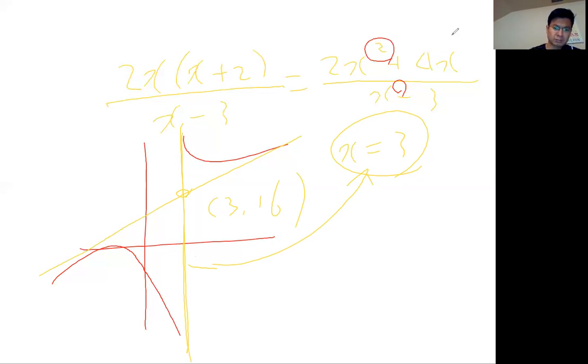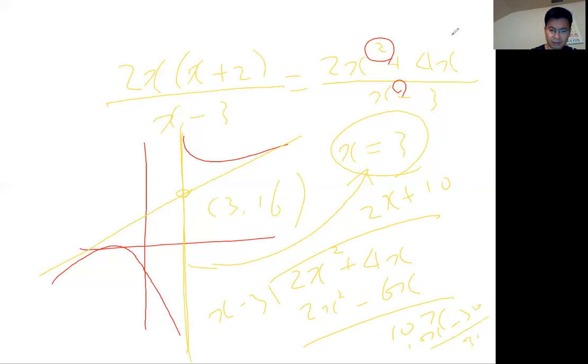So 2x squared plus 4x divided by x minus 3, you put 2x squared minus 6x, so 10x, plus 10x minus 30, so it becomes 30 left.